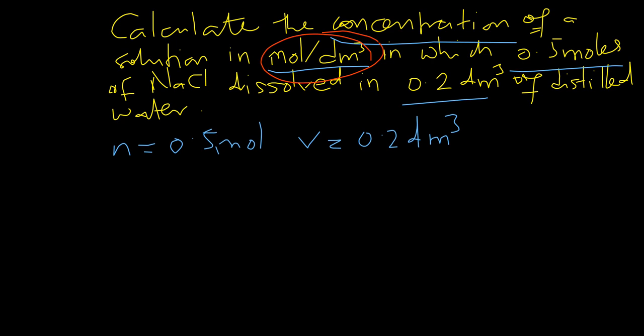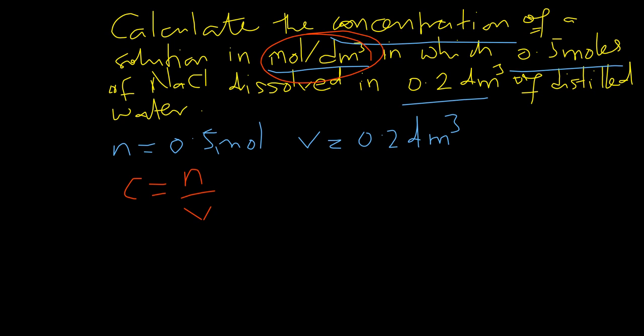So you are dividing your mole by volume, and that is even easier. The information given to us makes it easier to calculate this kind of concentration. So concentration will be given by mole divided by volume. Remember, they asked us to find the mole concentration. That's why it's mole per dm cube.